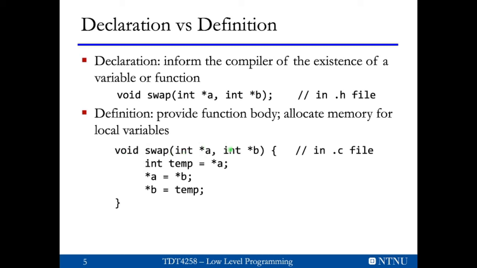And since we want to access these integer variables here that are passed to our function swap, we need to give them names now definitely. So the first parameter is given the name A, the second one is given the name B. Both are local variables to our function swap, so names A and B are local to our function and not available anywhere outside of this function. And then our function body can come here and implement our function by swapping these values using a temporary variable.